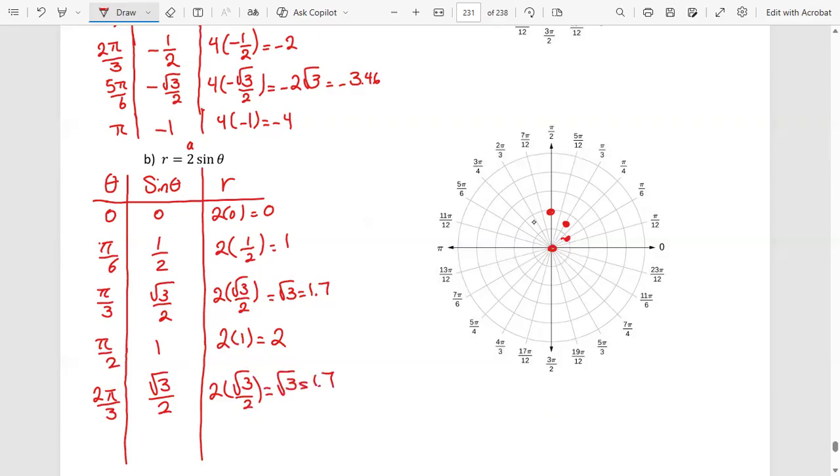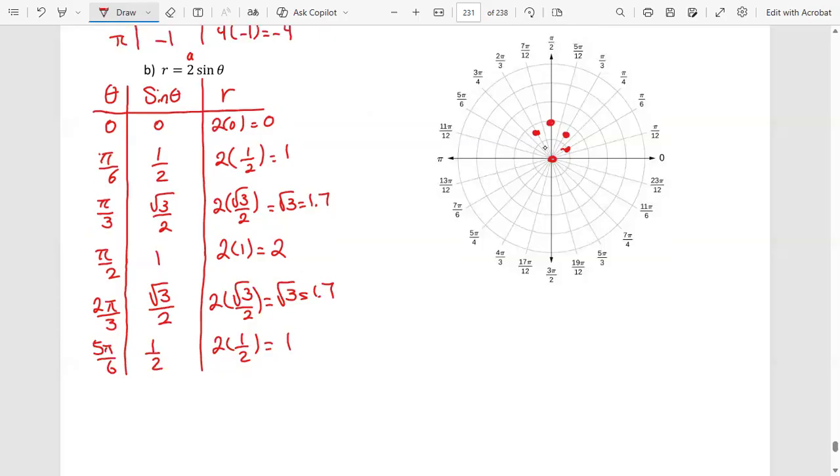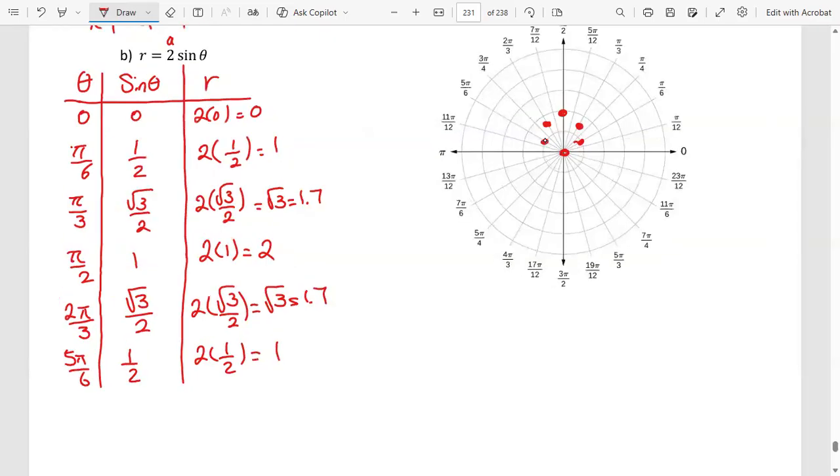So 1.7. If I replace 5 pi over 6, I will get 1/2 for sine, and I will get 2 times 1/2, which is 1. So for 5 pi over 6, we have 1. And the last point, which is pi, I know that the sine of pi is 0, and 2 times 0 again is 0. That means going back to the first point.